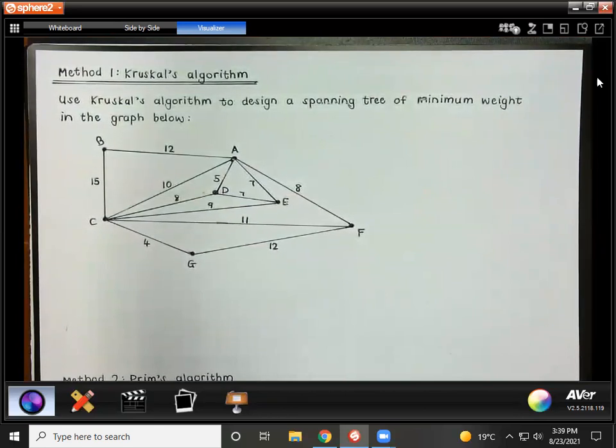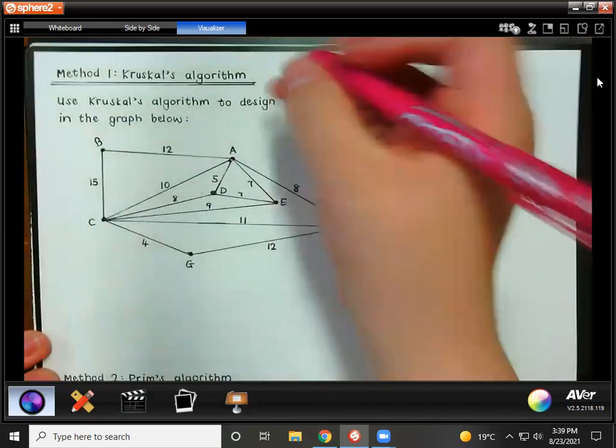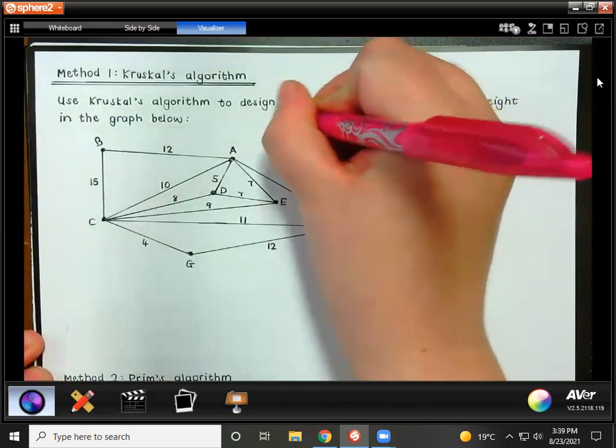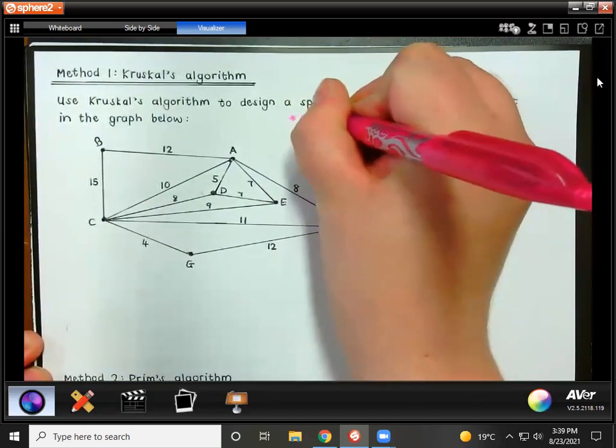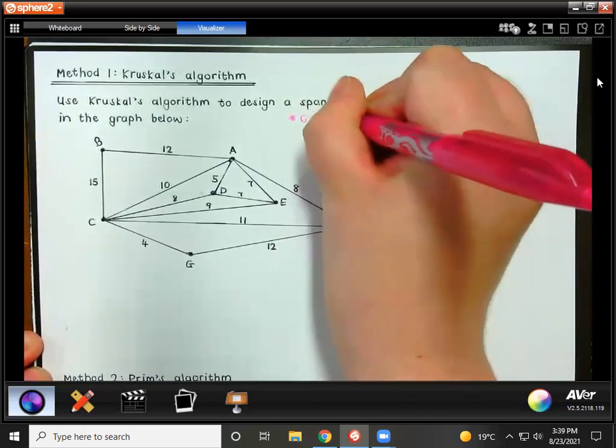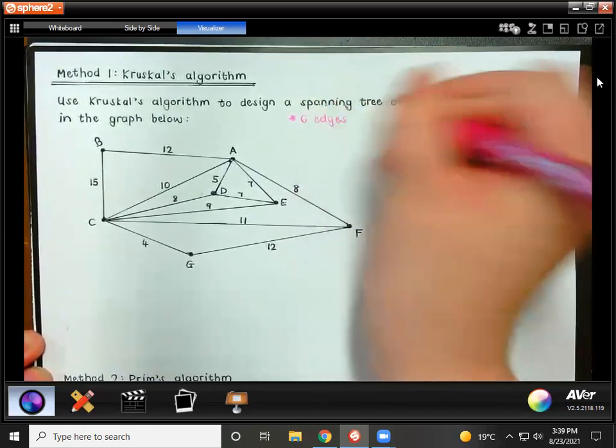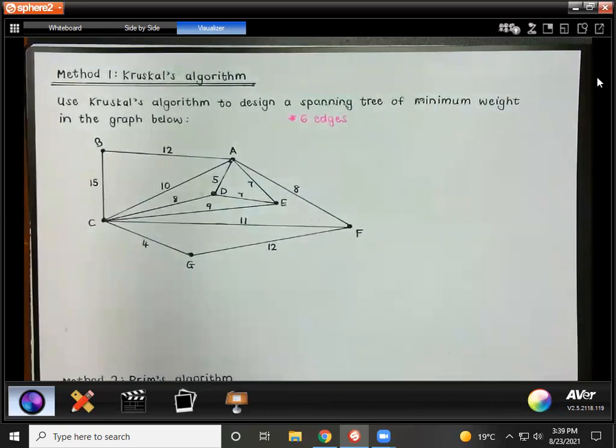Once we have 6 edges, it's supposed to form a spanning tree. If our 6 edges don't, then we know we've done something wrong. So that's something we can keep in mind, and maybe make a little note there at the top. We're looking for something with 6 edges. Oh, it looks like this pen is on its way out. 6 edges.